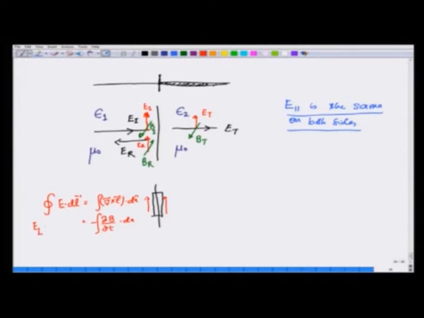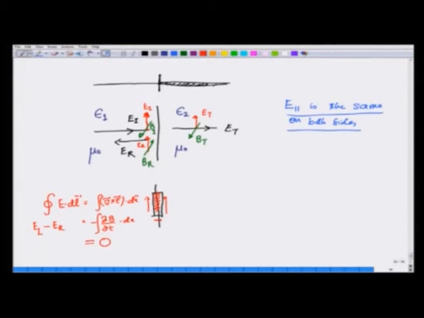Let me write E left minus E right, because we are traversing the loop in two different directions. However, as we shrink the loop, we make this size, the red shaded region, almost of 0 width, the right hand side becomes 0, and therefore, E on the left should be equal to E on the right.